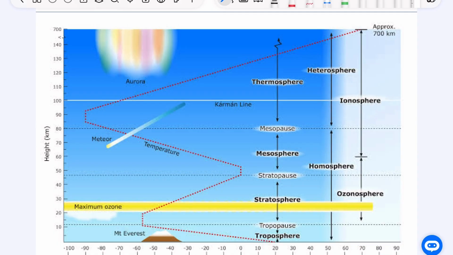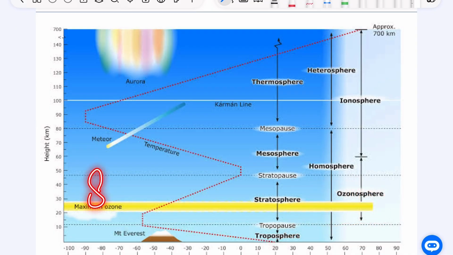And we have the ionosphere also present in the thermosphere. As we have already discussed, in the troposphere temperature decreases with increasing height at the rate of 6.5 degrees Celsius per kilometer.